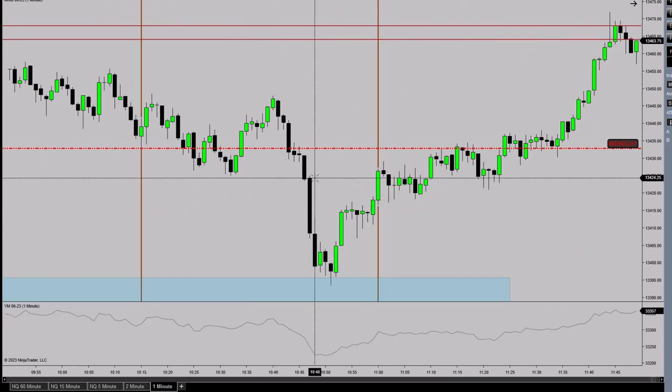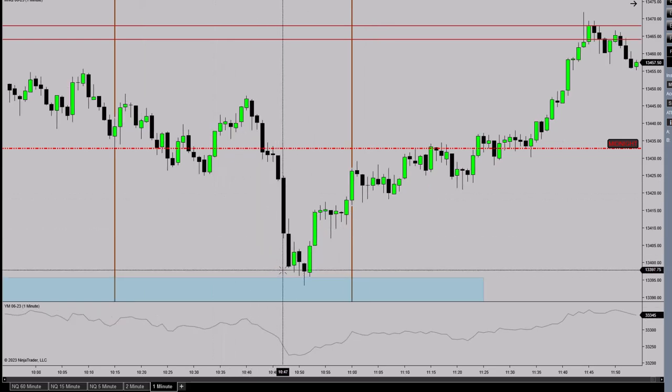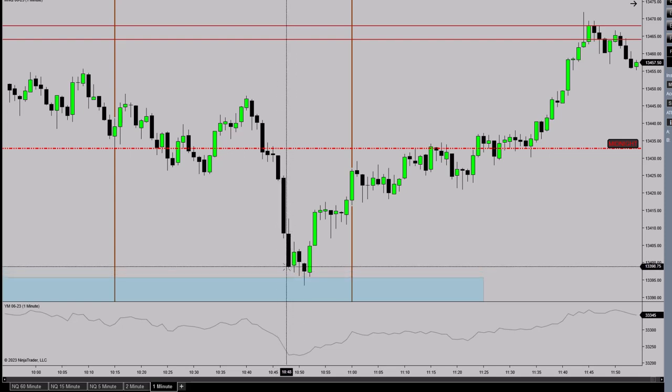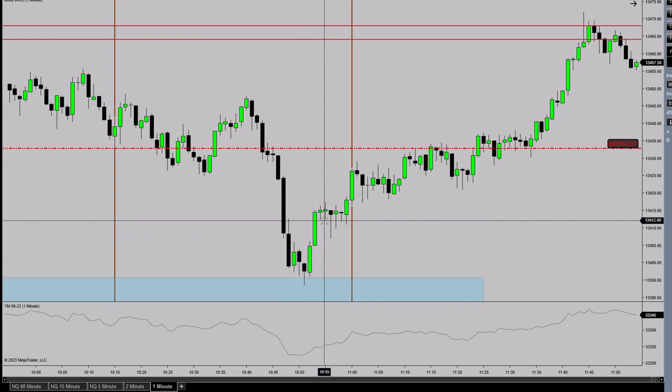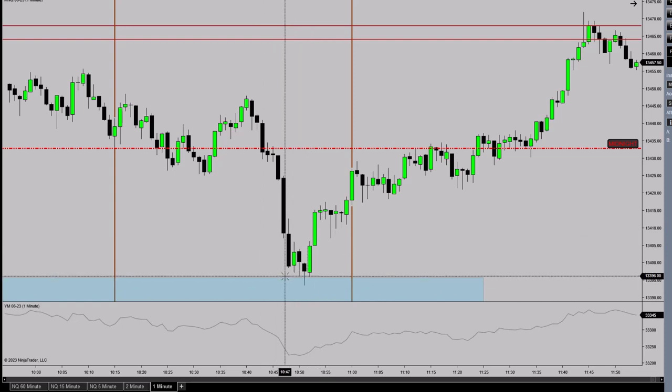So, yeah, actually in the 1 minute, you can see there's a little setup here. Not exactly the 2022 model, because there's no low here, and then this would have been the lower low, what could have been a higher high. Like, there's no low and there's no high here for the market to break out from.